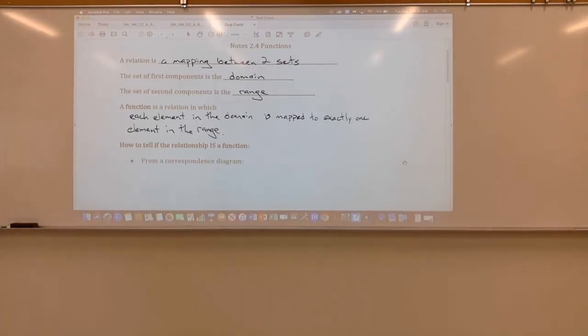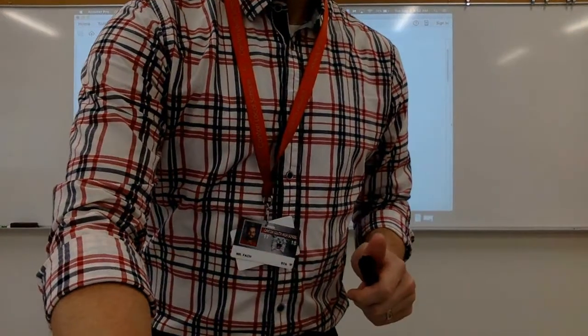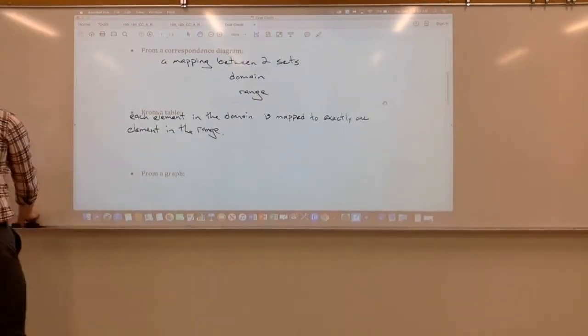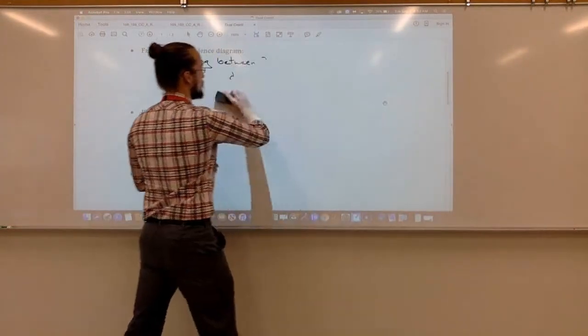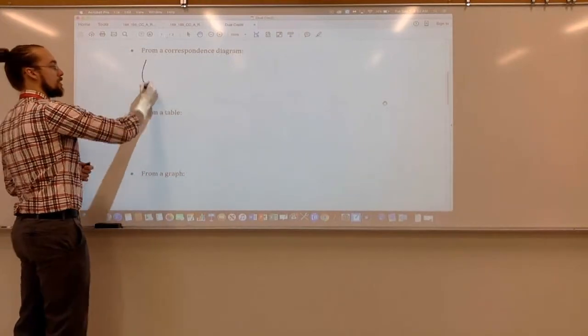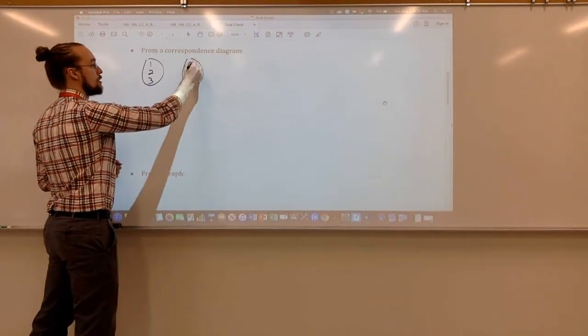So we're going to look at multiple representations of that. First, a correspondence diagram. A correspondence diagram is just those circles with arrows mapping things. So something like this.